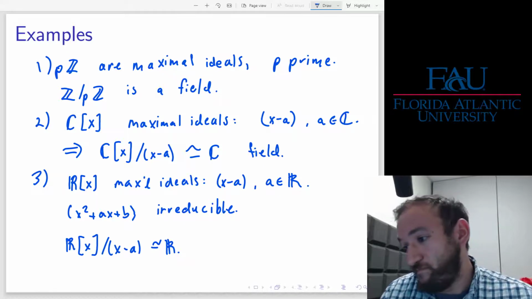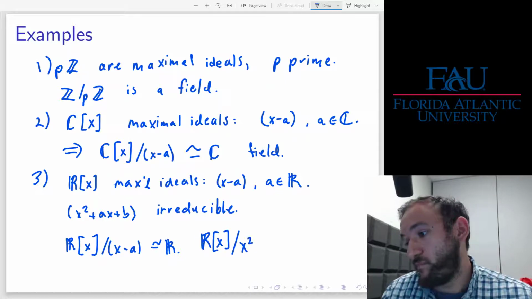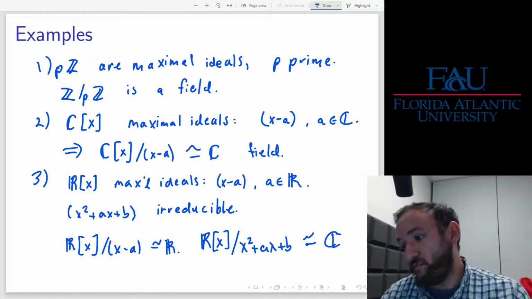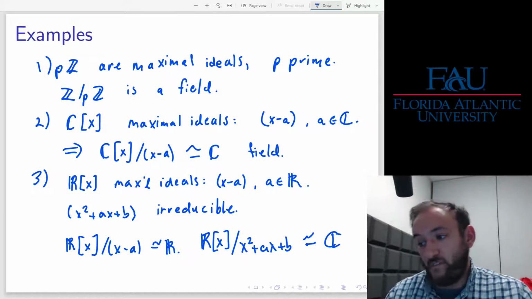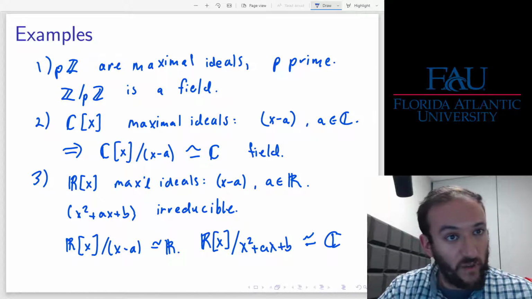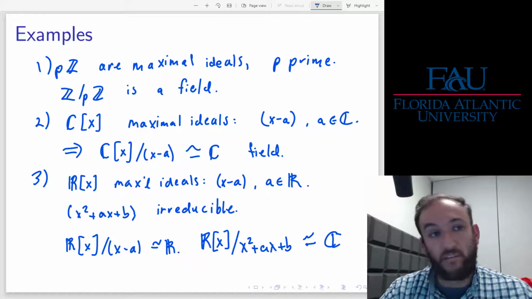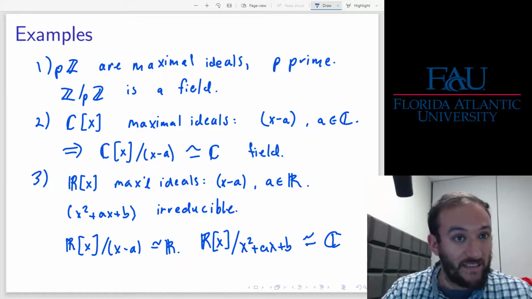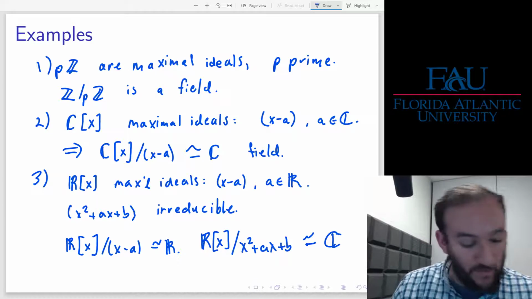But if you take the latter, this is going to be isomorphic to C. And if you want to convince yourself that that's true, think about what happens when the polynomial is x squared plus 1, and then you're looking at polynomials with real coefficients with degree at most 1. So it will be numbers of the form a plus bx. That looks basically like complex numbers.